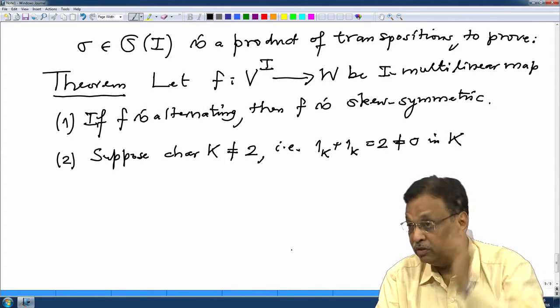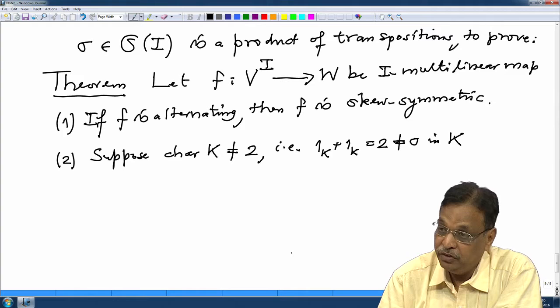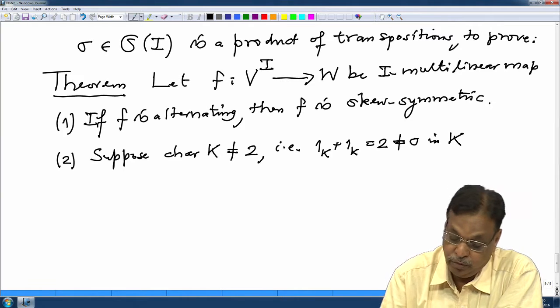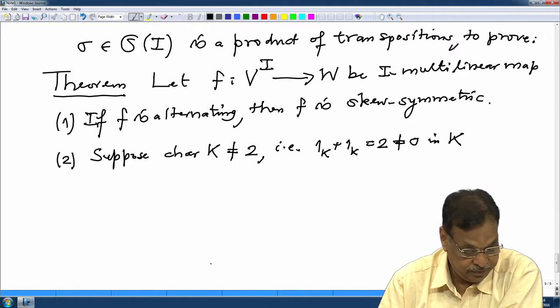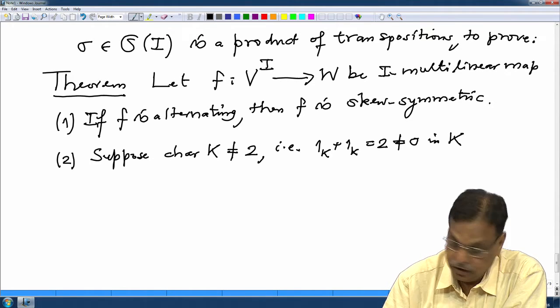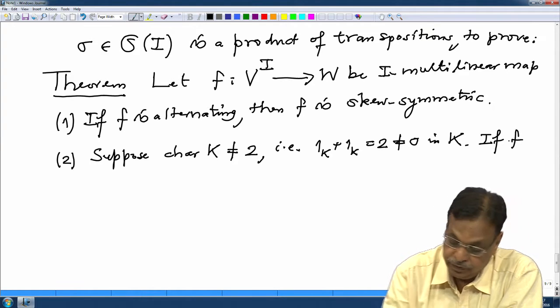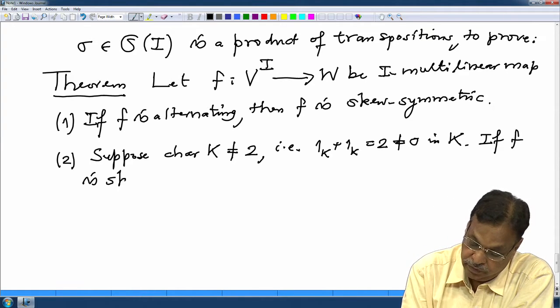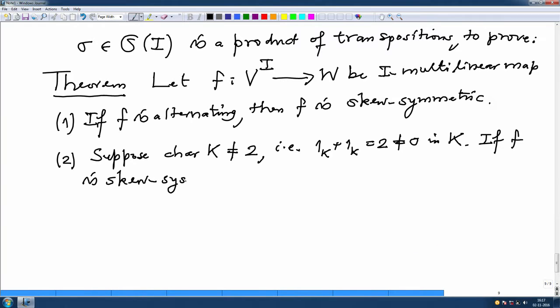Typically this happens for a finite field which is a field extension of the field Z mod 2, which is used in communication engineering and so on. Two, if f is skew symmetric, then f is alternating.